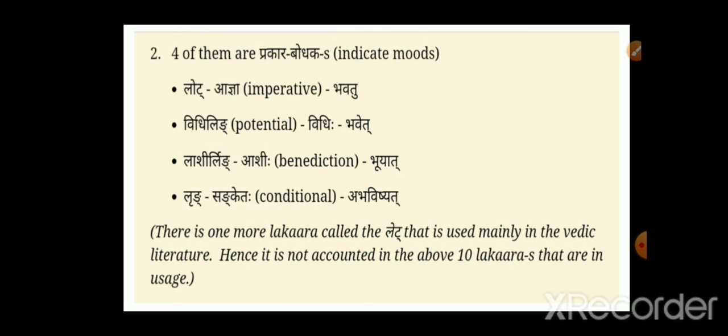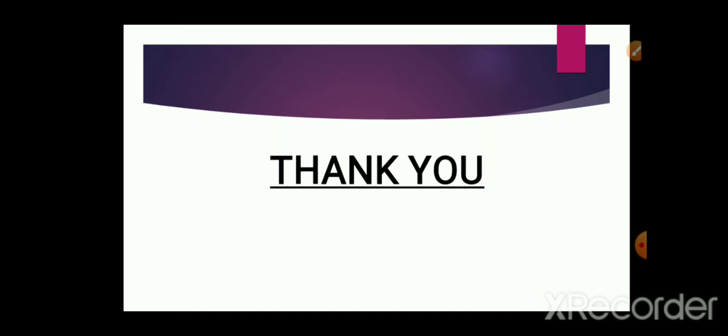It is used mainly in the Vedic literature. And hence this is not accounted in these 10 lakaras in the usage. That's why we have not included it in these 10 lakaras. We have said only we have 10 lakaras. So this is about lakaras, which are tenses and moods.